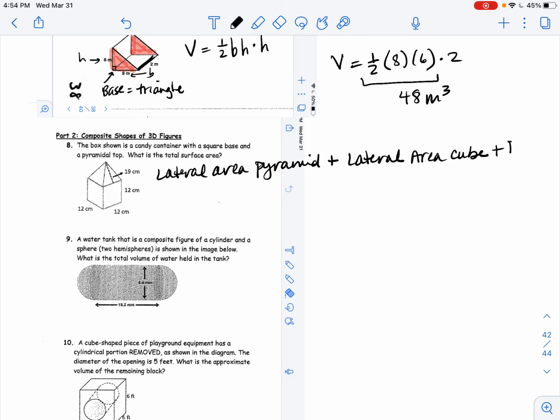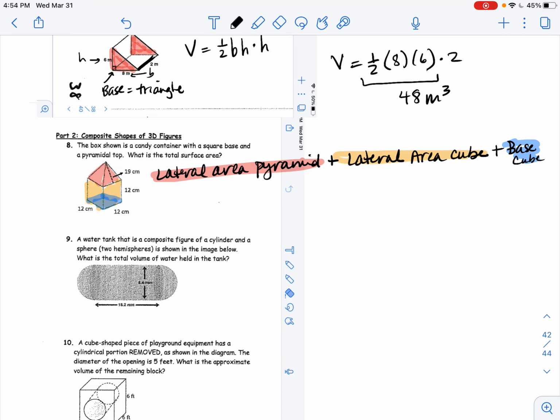Oh, and then we also have the base of the cube, because we're talking about all the surfaces that are shown. Again, the lateral area of the pyramid, those are the sides of the pyramid, all of these triangles. And then we have the lateral area of the cube, and that would be all of these faces, the 4 faces. And then plus we have the base of the cube. We can't really see that, but that would be underneath. Maybe 3-dimensionally you can kind of see where that would be.